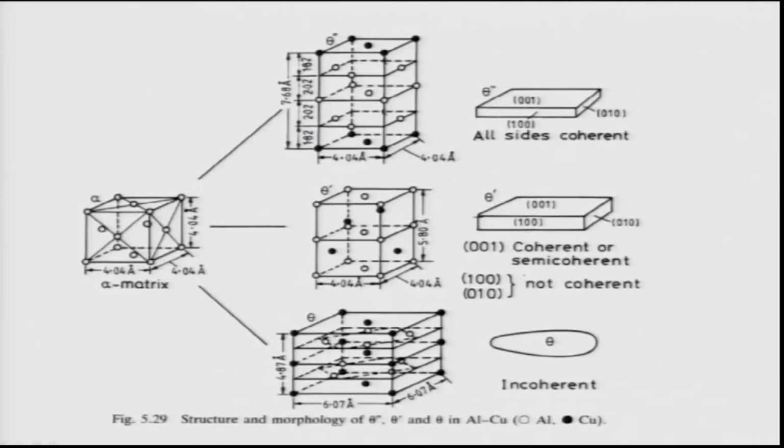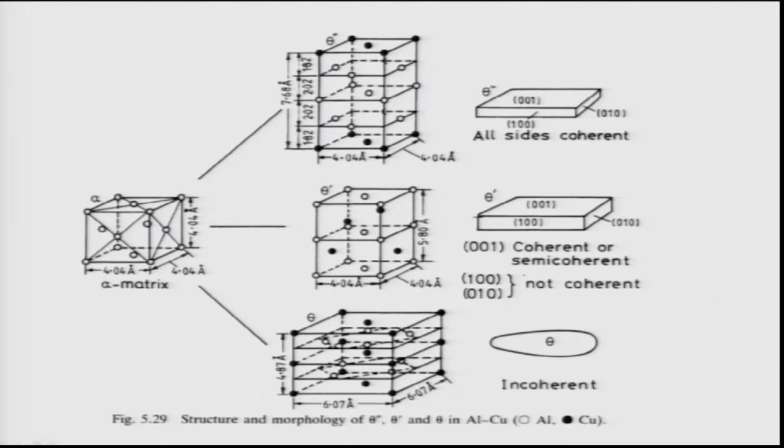To give a perspective, a GP zone is nothing but a few layers of copper atoms sitting on the 100 planes of the alpha aluminum lattice, and theta double prime and theta prime are basically some sort of coherent structure along the different interfaces as described here.